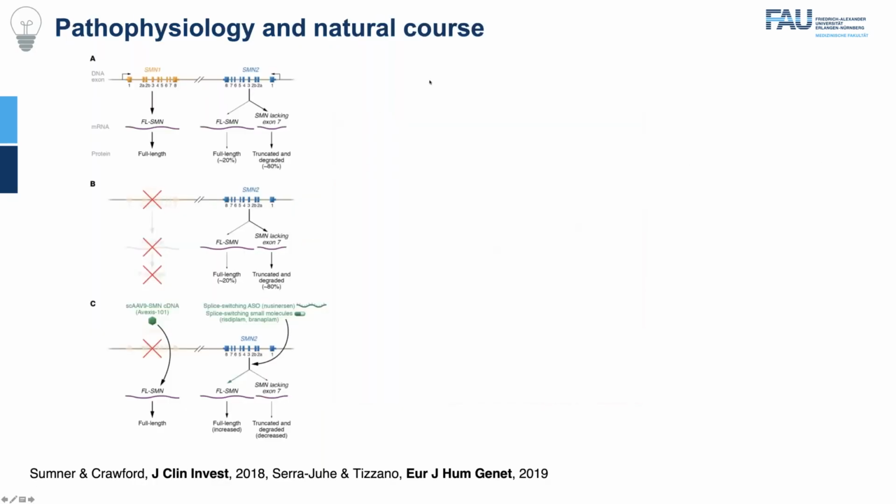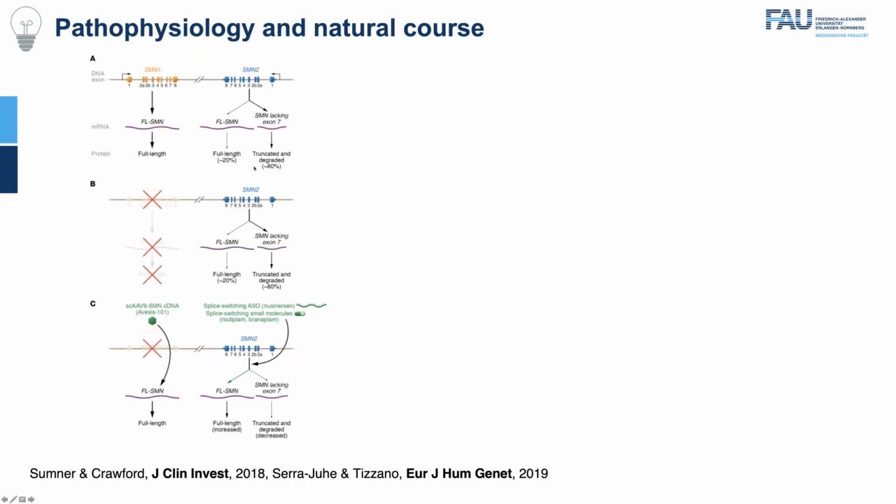So if we move on, I'd like to explain a little bit about the pathophysiology in SMA. In SMA, there's a loss of a gene function. There's a mutation in the SMN1 gene, and the loss of this protein ultimately leads to degeneration of motor neurons. However, we don't know why. There are some backup copies of this gene called SMN2, in a slightly different fashion, and some of the protein which is produced there can still work.